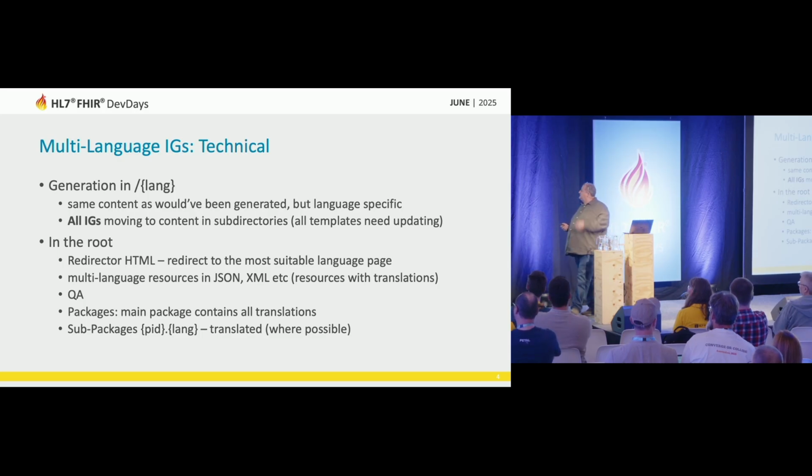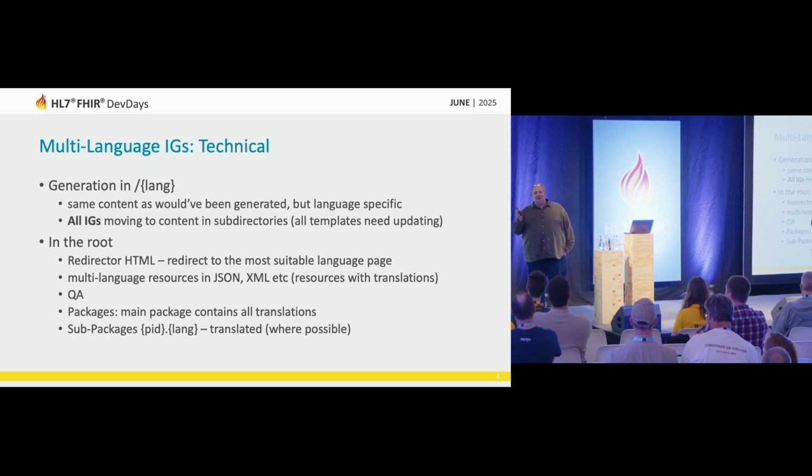The way it works is that we generate, in the same implementation guide, the content in a subdirectory. So it'll be /en or /fr or /ru or whatever. And all IGs now are moving to that model where even if they're monolingual, all the content will move to a subdirectory for the language that they're in.